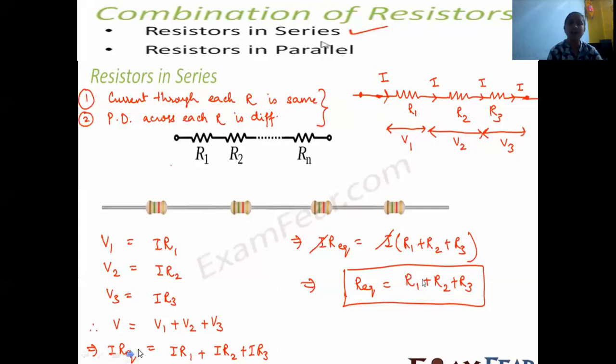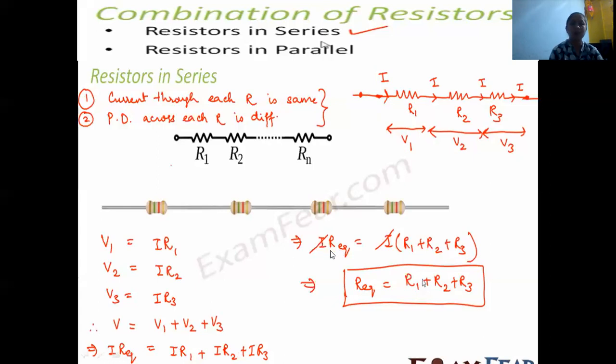Why have I taken R equivalent here? Because there are three resistance values. So I R equivalent is equal to V1, which is IR1, plus V2, which is IR2, plus V3, which is IR3. I have just substituted the values here.